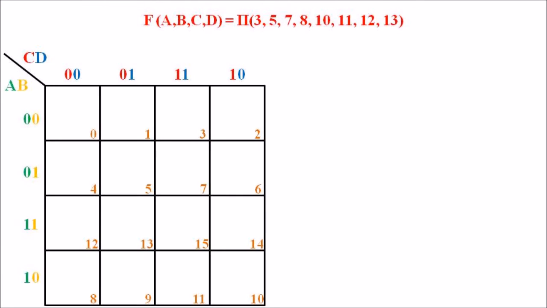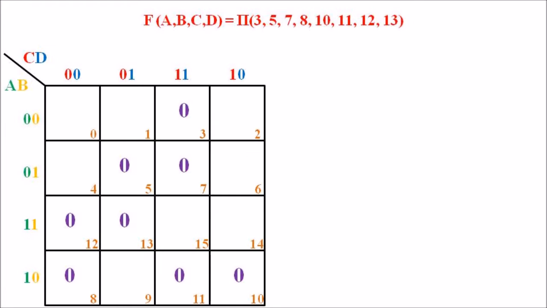The 4-variable K-map consists of 16 cells with 4 rows and 4 columns. The rows represent the variables a and b, and the columns represent the variables c and d. Next, consider the function: pi of 3, 5, 7, 8, 10, 11, 12, and 13.